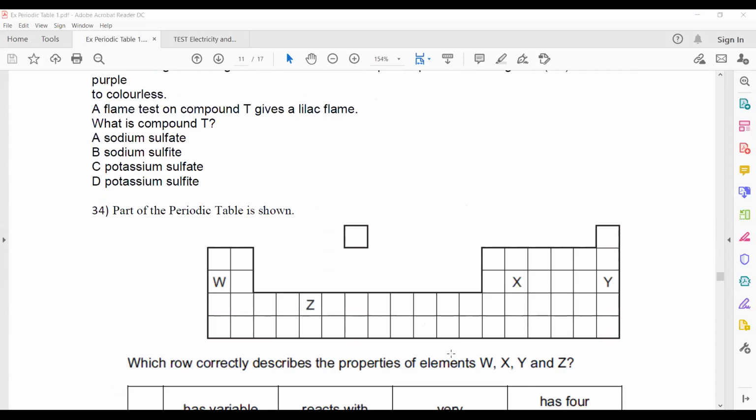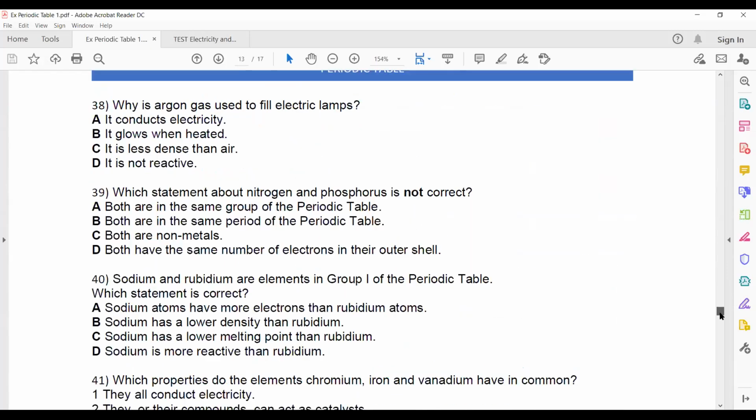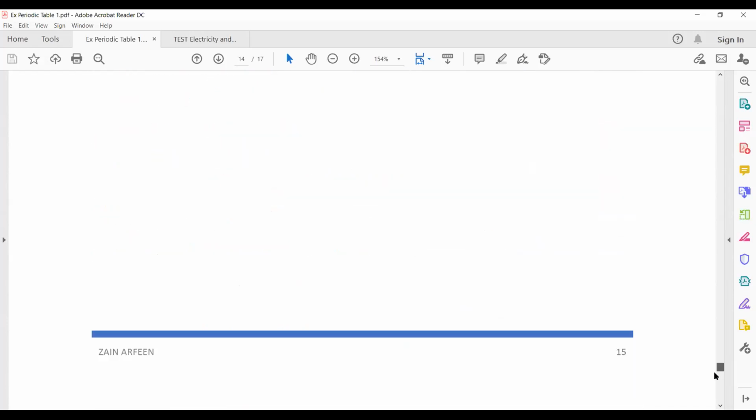No doubt from 31 to 40. Then from 41 to 52. Any doubt from question 41 to question 52?